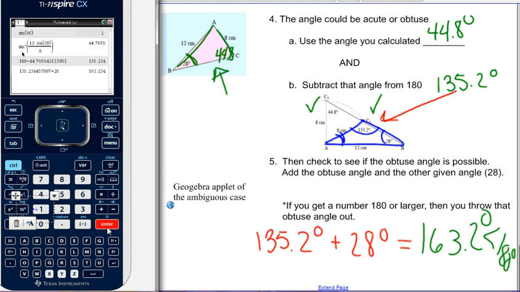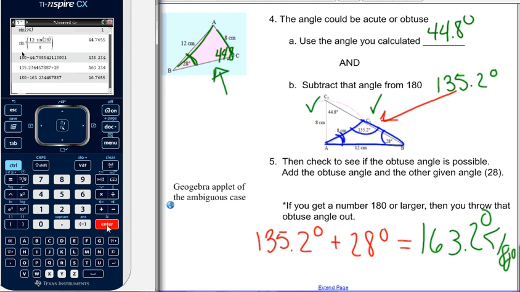If we calculate that, we can do 180 minus this, and we know it's going to be 16.8 degrees. So it leaves room for that angle.